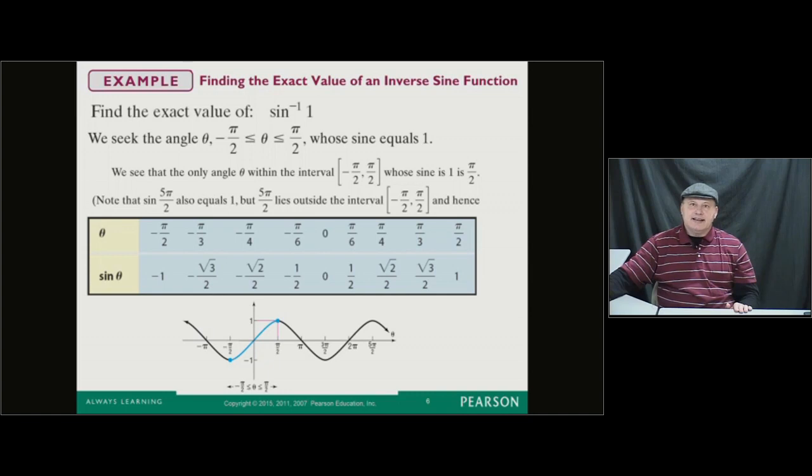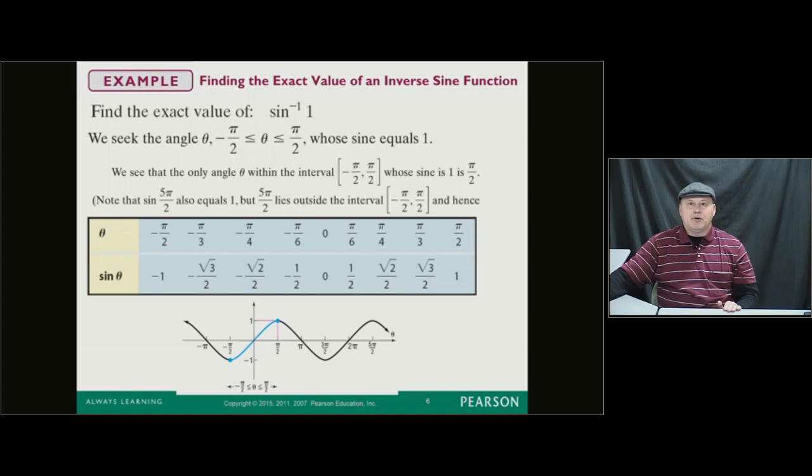The reason that's the case is because when you take the sine inverse, it's allowing you to pick an angle between negative pi over 2 and positive pi over 2 only because it is 1 to 1 there. 5 pi over 2 is much farther down the line on that curve. So at 5 pi over 2, it's also 1, but that surpasses the point where it's 1 to 1.